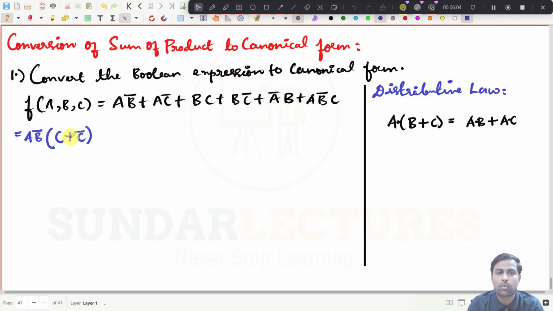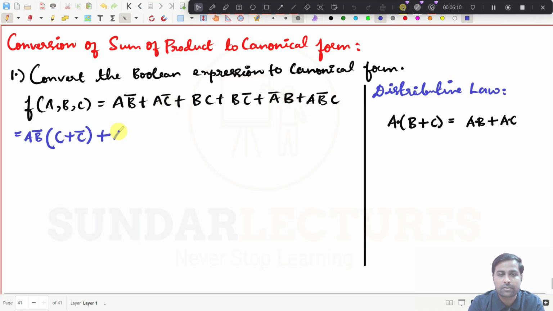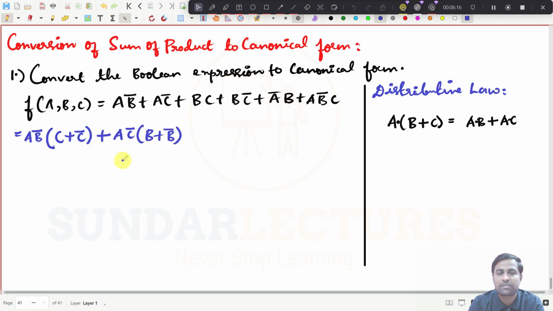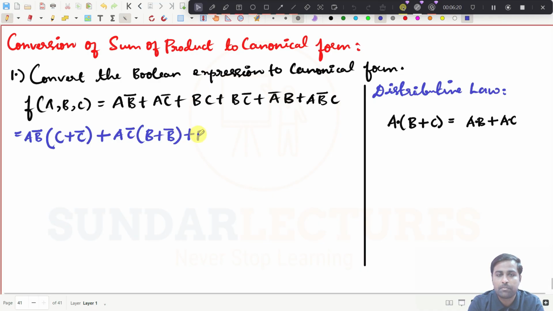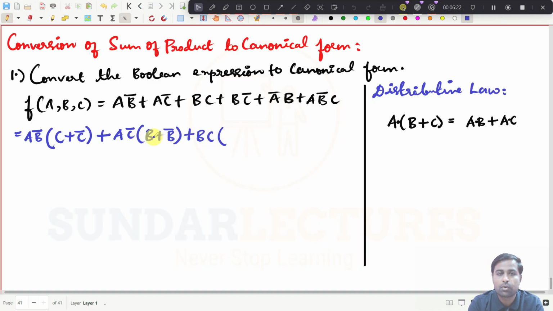So I can multiply by 1, no problem, right? So that is the whole idea. Plus, you put plus here, and then you don't have b here. So what you do, you put a c bar. If you don't have b, so you take b plus b bar. Again, it is stat logic, so I can cancel it out. And then plus bc is there, no problem. And you don't have a here, so you put a plus a bar, simply.